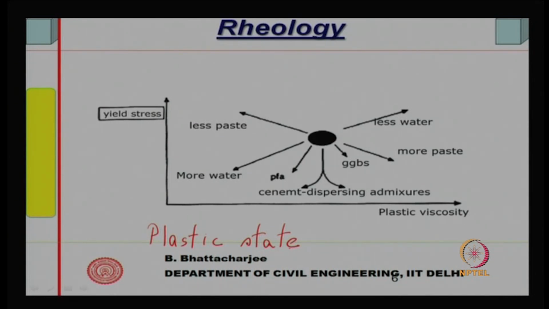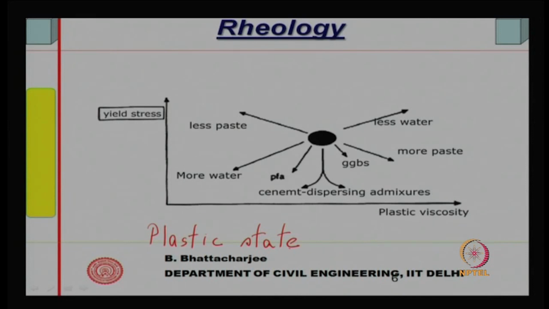Plastic is one which will not behave like liquid initially, but if you apply some stress beyond a point, which is called yield shear stress, it will start behaving almost like liquid, that is, flow on its own. So, at a given load it will keep on flowing on its own without addition of further load.